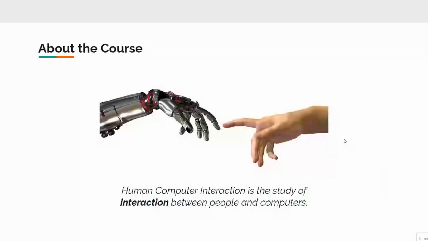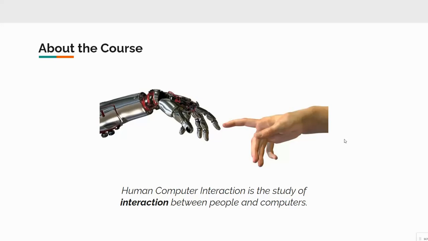human-computer interaction. Okay, another perspective that I need you to understand about this field of study is that human-computer interaction is also the study of interaction between people and computers. So there are, like I said from the previous slide, theories and guidelines that will help us establish a healthy interaction between the human and the computer.